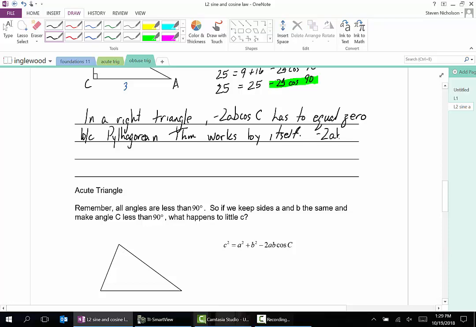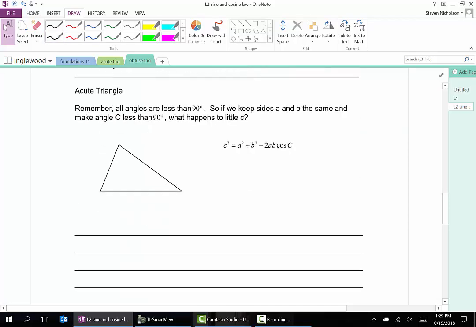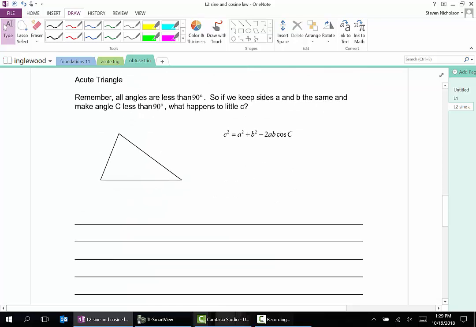And negative 2ab cos c does equal 0 because the cosine of 90 degrees equals 0. And that's what you learned last day when I had you push all those buttons on your triangle.